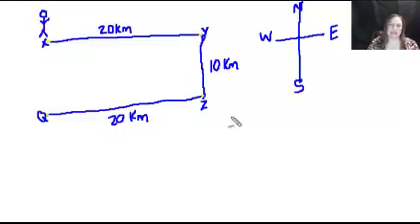So let's see, the distance, remember the distance is simply the length of the path traveled. So what is the distance? So we've got 20 kilometers, and then we traveled 10 kilometers, and then another 20.